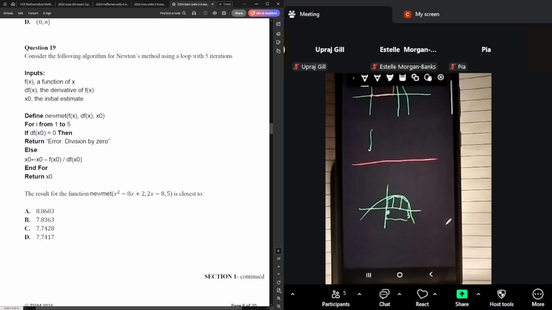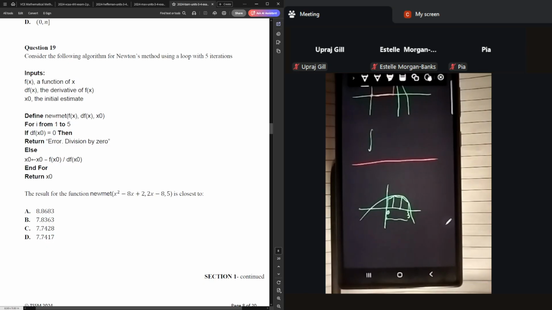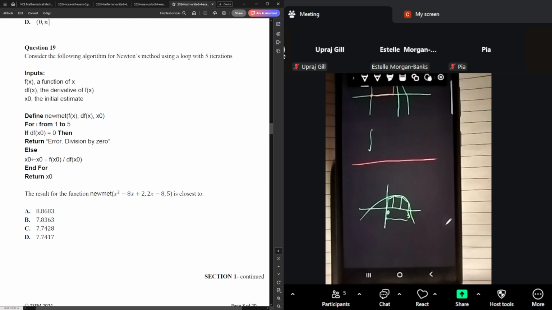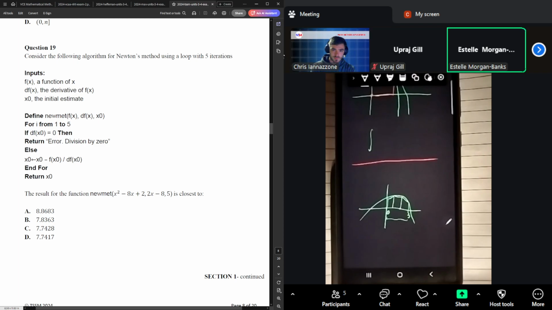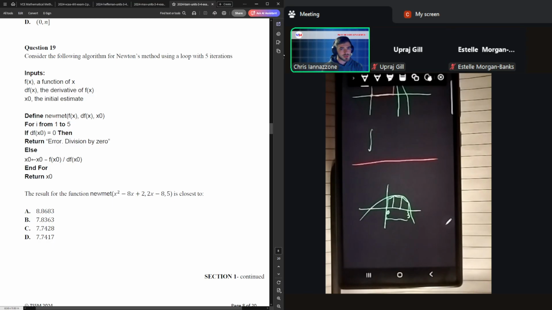Can anyone tell me what Newton's method does, just broadly speaking, the overall algorithm? It finds x-intercepts. That's correct. Do you know roughly how it's doing it? Is it something to do with the gradient? I think it's tangents until it hits the x-axis.